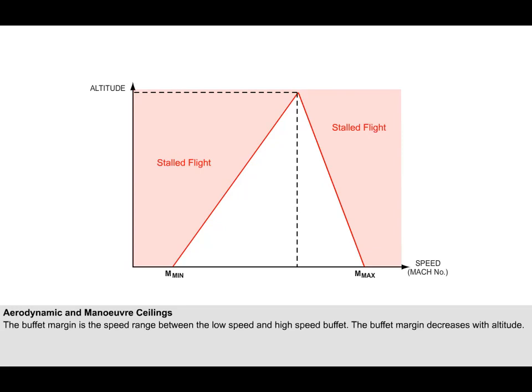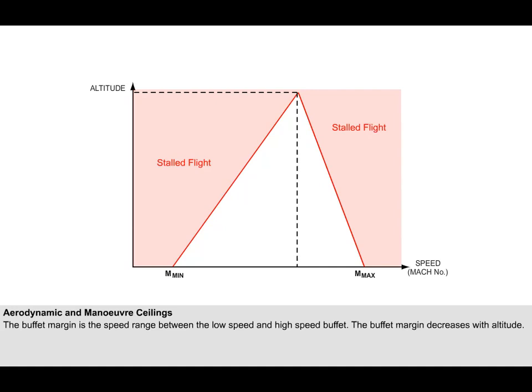Notice that at this altitude, the low-speed and high-speed buffets are coincident. It is impossible to fly higher than this altitude. Flying slower or faster than the speed shown will stall the aeroplane.